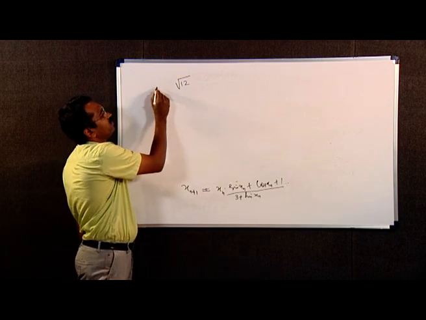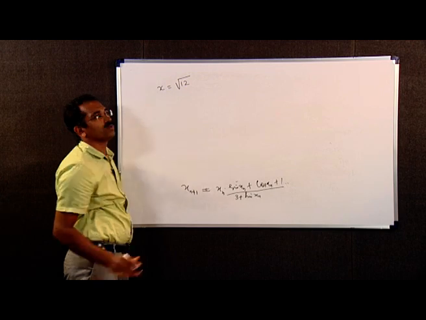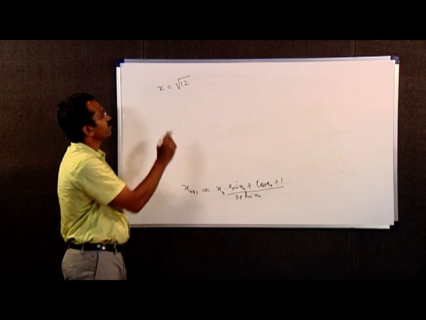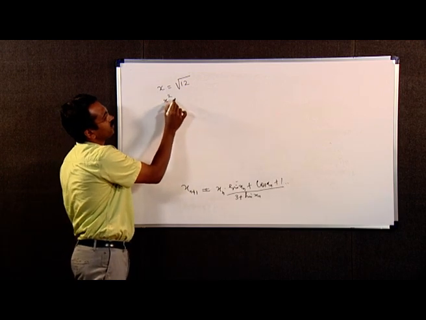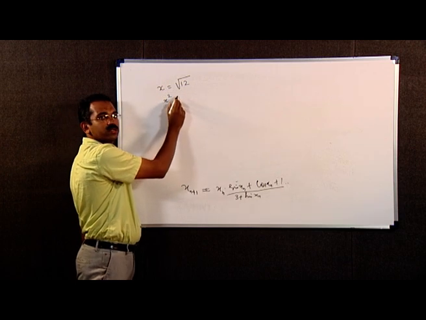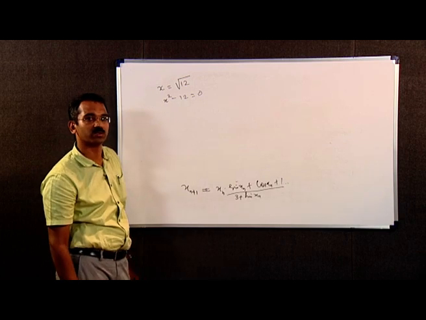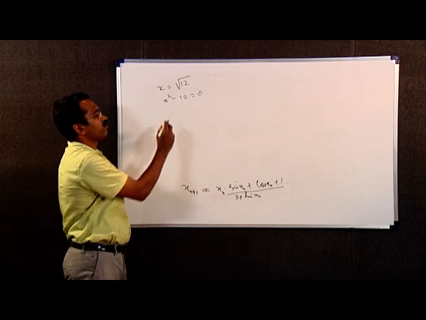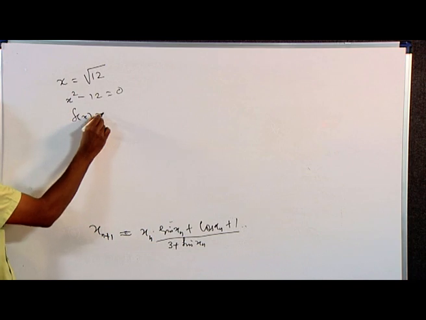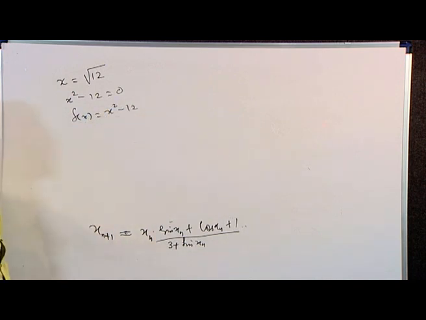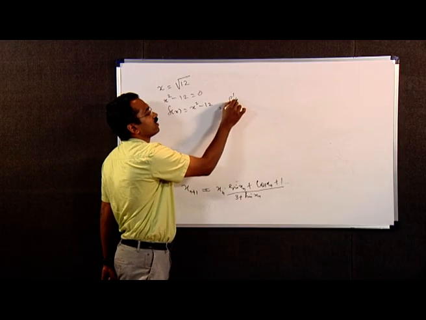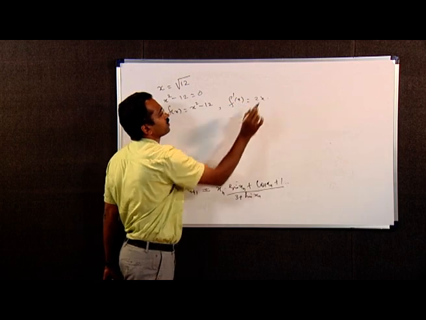We take x equal to square root of 12, then on squaring we will get x square equal to 12, which implies x square minus 12 equal to 0, which is of the form f of x equal to 0, where f of x is equal to x square minus 12 and f dash of x is equal to 2x.